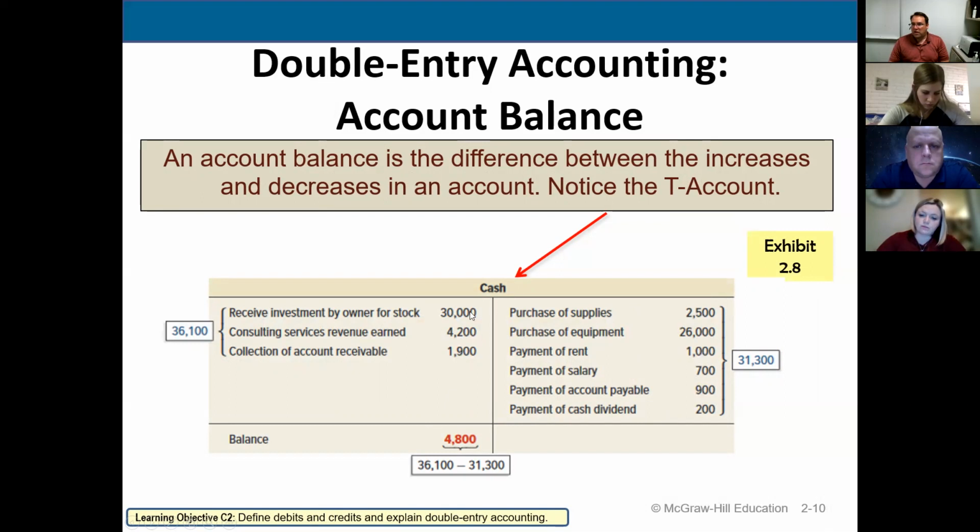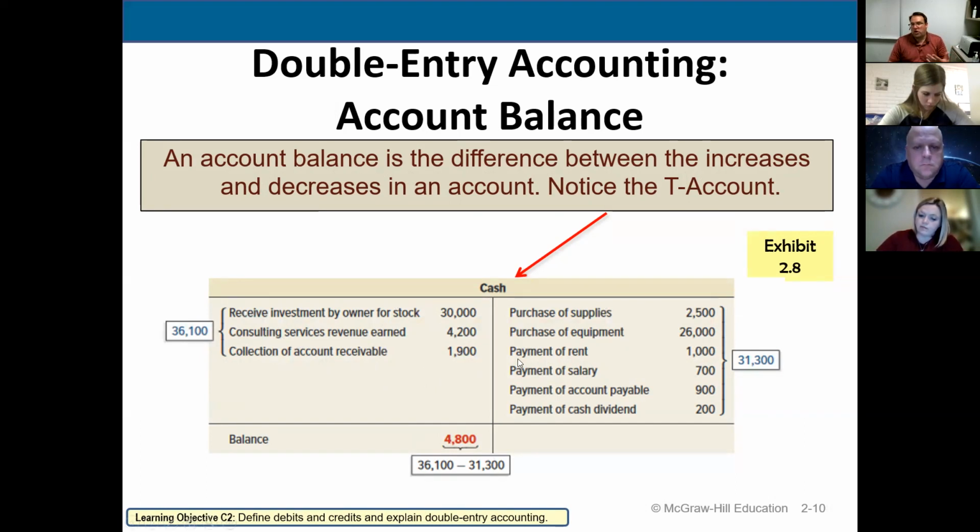And you'll see that if we add up everything on the debit side, it adds up to 36,100. We add up everything on the credit side, it adds up to 31,300. Then what you do is you subtract the smaller side from the larger side, and that leaves you with a balance. And if the larger side was the debit side, then the balance would go on the debit side, and we would say the cash account has a debit balance of $4,800.